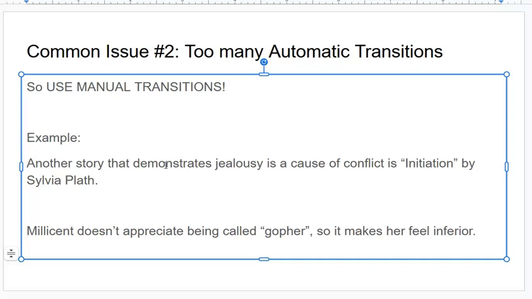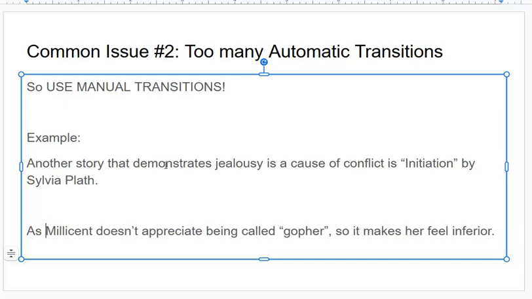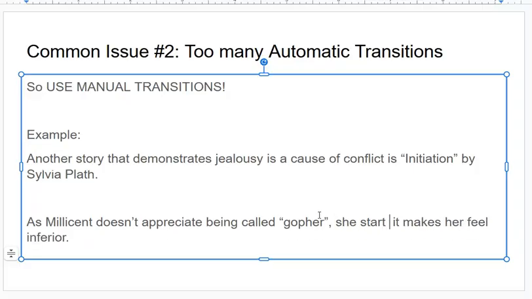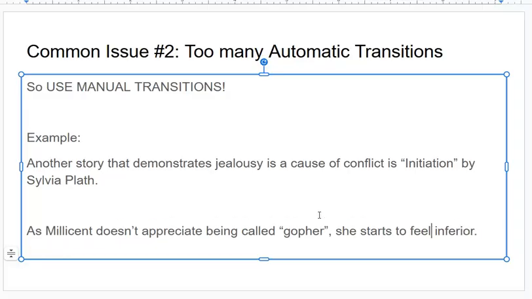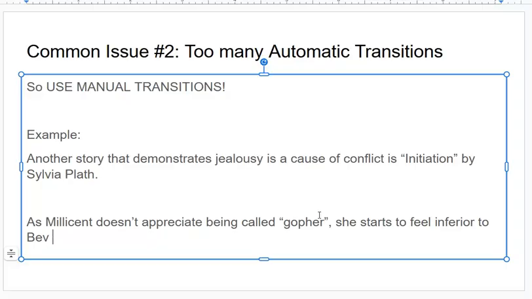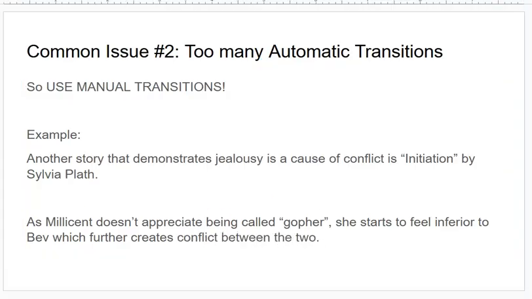So, you can say, as Millicent doesn't like being called Gopher, she starts to feel inferior to Bev, which further creates conflict between the two. Look at that.